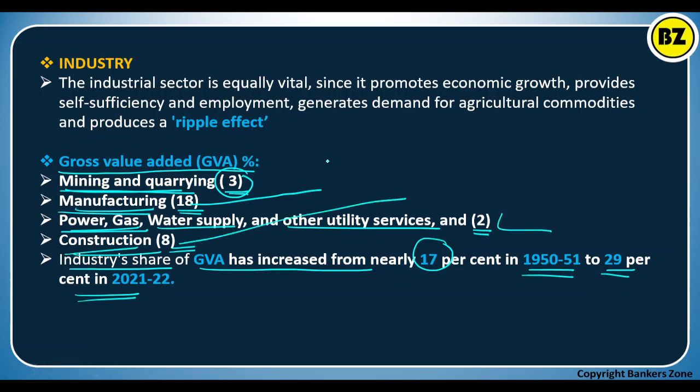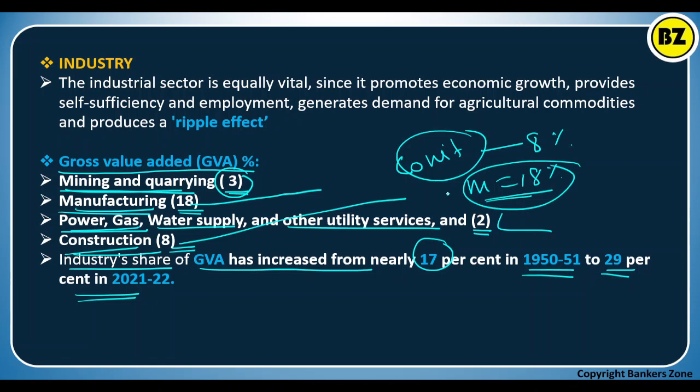Okay, so if we talk about the subsectors in the industry, construction is one of the important sectors in the industry. Construction contributes 8%, right? And apart from that, manufacturing contributes 18%. So that's why the secondary sector is sometimes also called the manufacturing or the industrial sector.